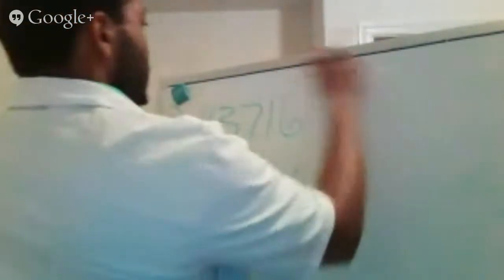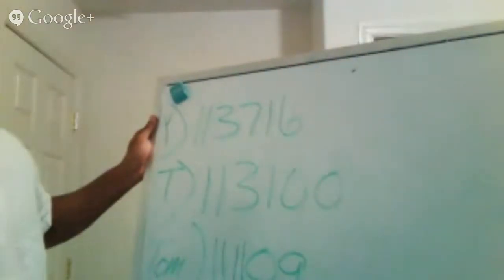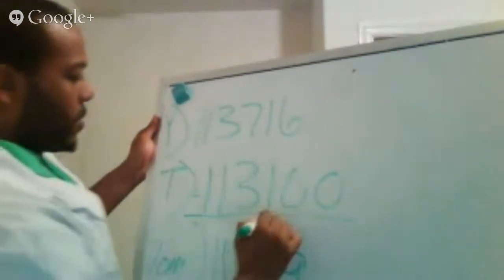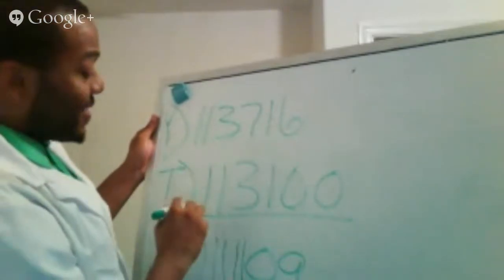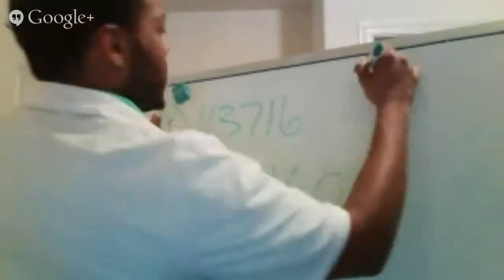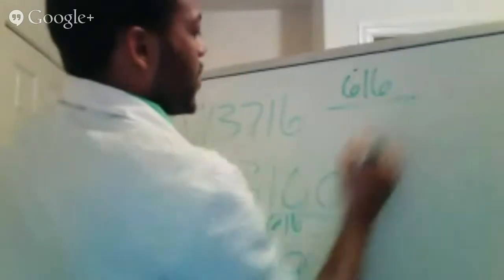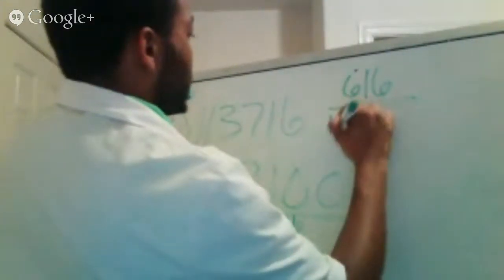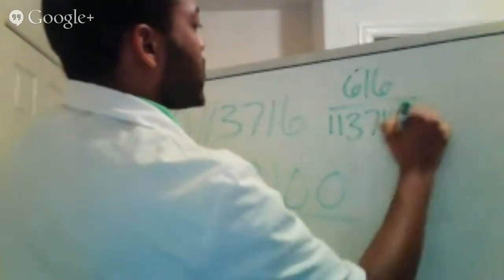Just to keep it simple, that'd be 113,716 minus 113,100, which would be 616. To use our same equation, 616, as far as the difference between these, 616, 7.6.